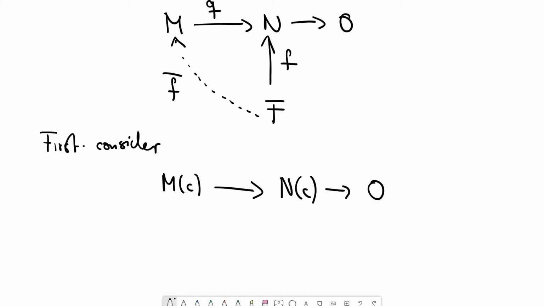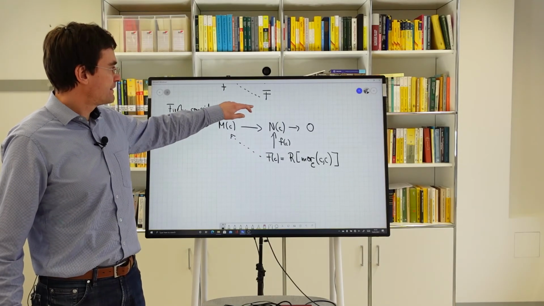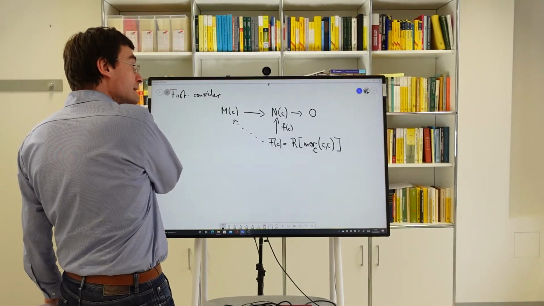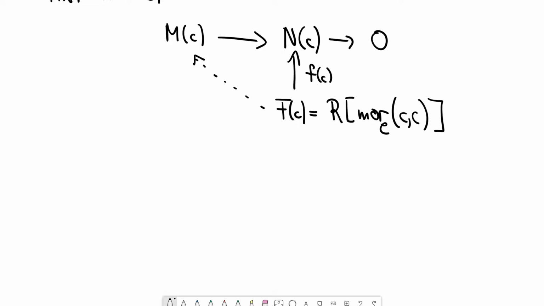NC, and here we have FC, which is the free R module over the endomorphisms of that object. So how could you define this F bar of C? Well, there is a distinguished element in here, which is the identity of C.